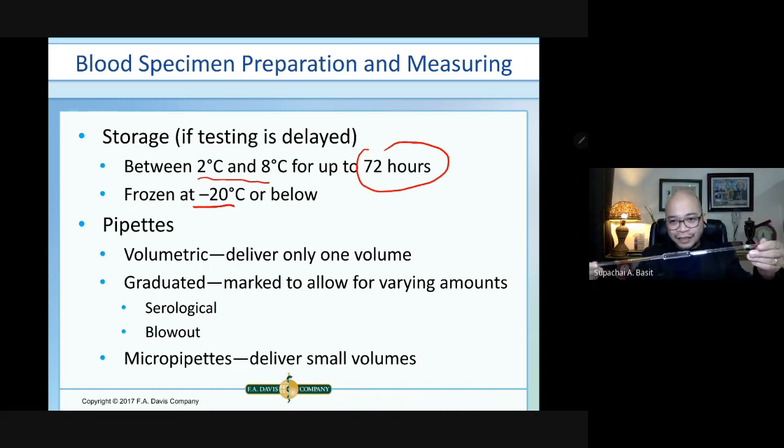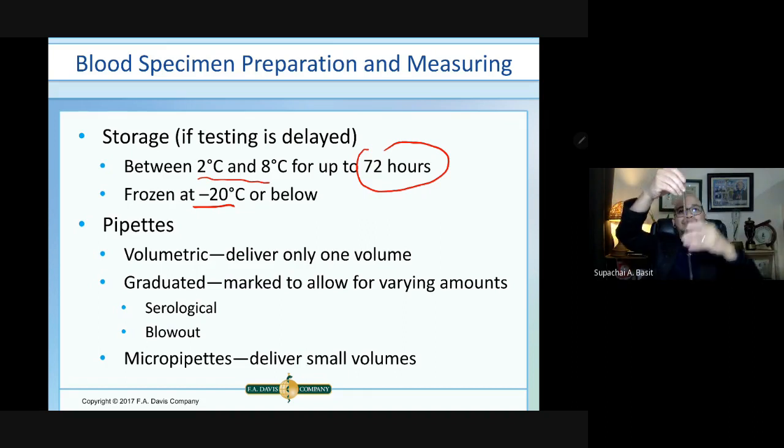This is an example of a volumetric pipette. Can you see it? The label of the volumetric pipette is 10, because this kind of volumetric pipette would deliver 10 ml. All you have to do is use an aspirator valve.